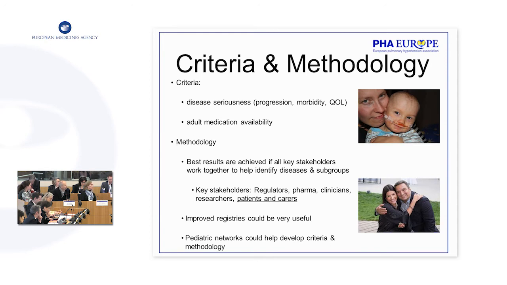So when it comes to criteria and methodology, I guess one criterion to use would be the disease seriousness. The picture up there to the right is the first PH patient that I met in Norway. His name is Nicholas, and he was 1 year old, and unfortunately he was not able to celebrate his 2-year birthday.